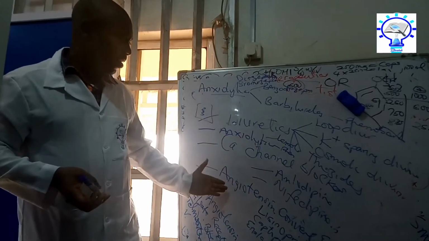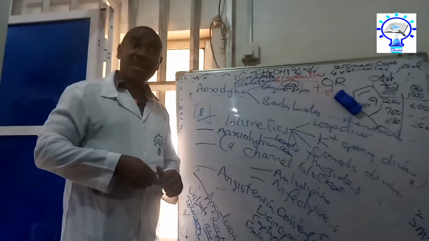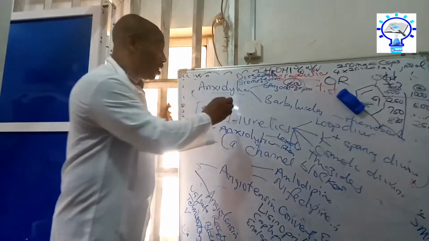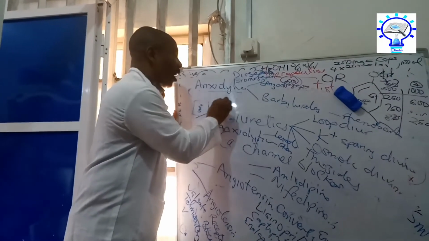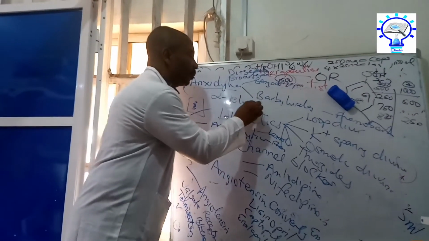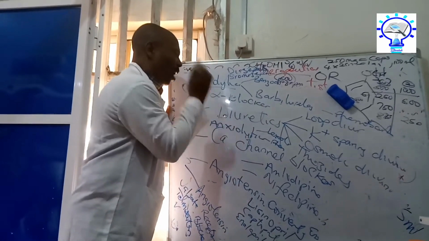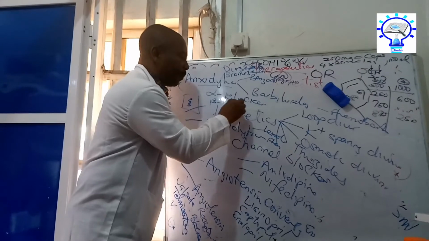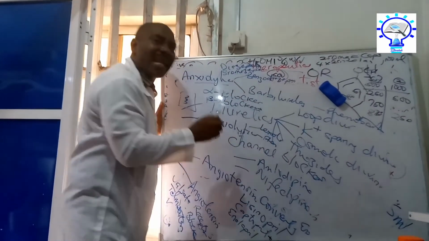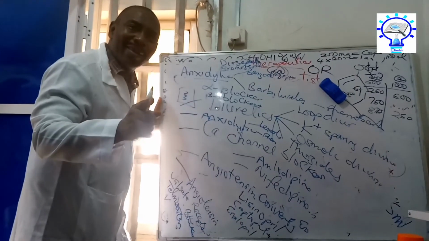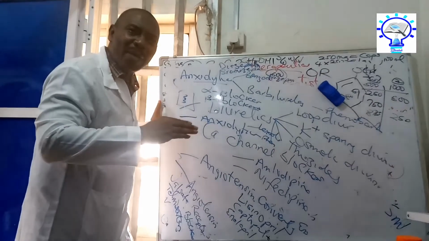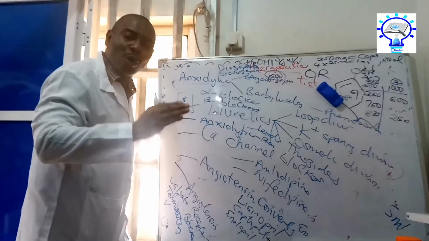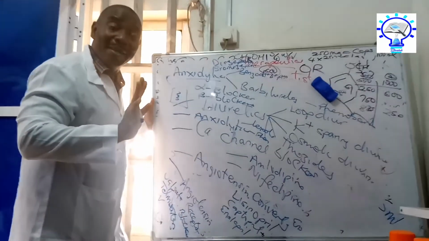There are 7 classes in hypertension. Then another one is alpha blocker. Alpha receptor blocker. Then there's also beta blocker. Those beta blockers are the ones that have atenolol, propranolol, metoprolol.